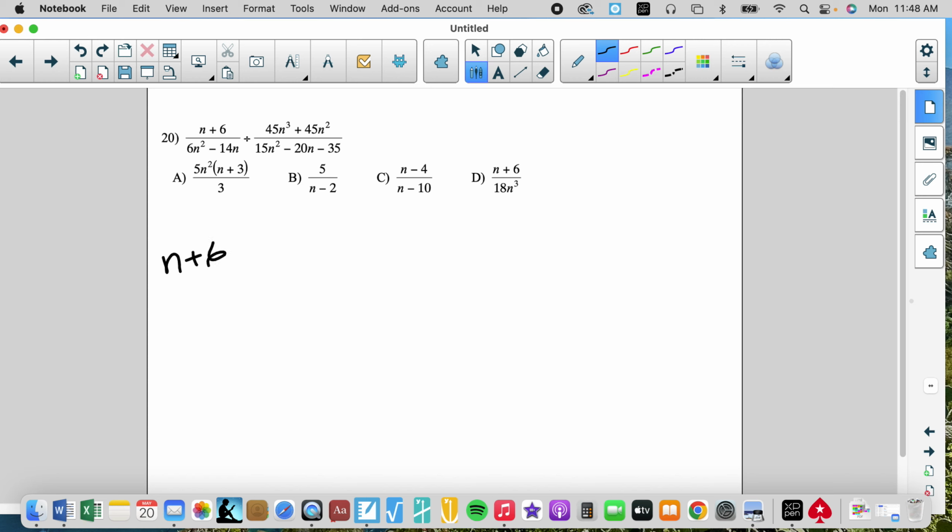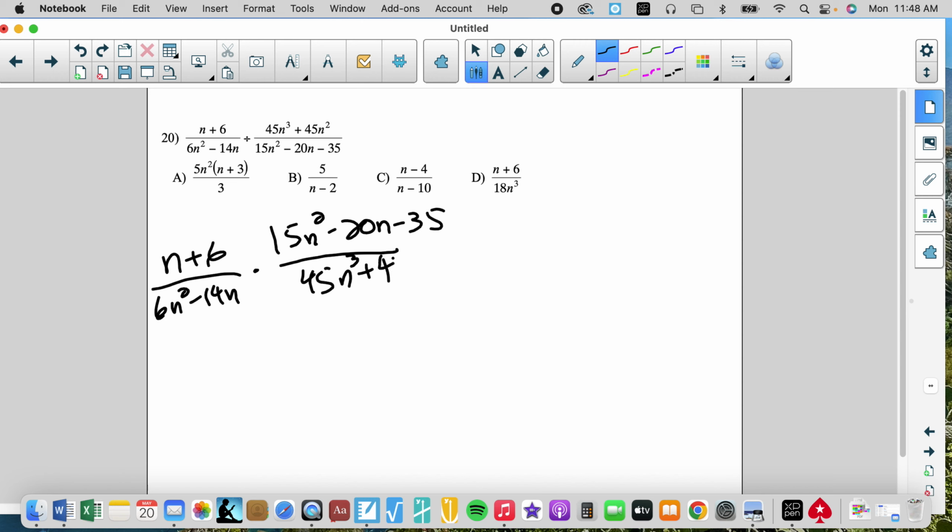Last one, let's just rewrite it. n plus 6 over 6n squared minus 14n times 15n squared minus 20n minus 35 over 45n cubed plus 45n squared. So that's going to stay the same. n plus 6.